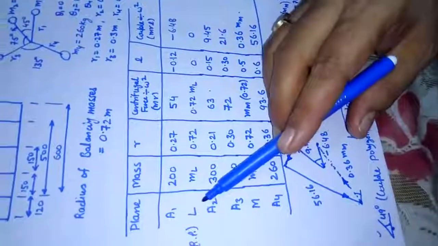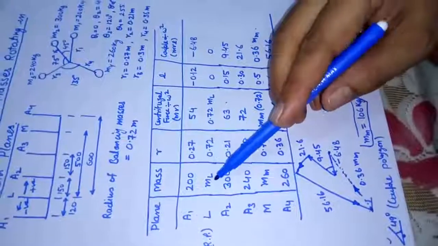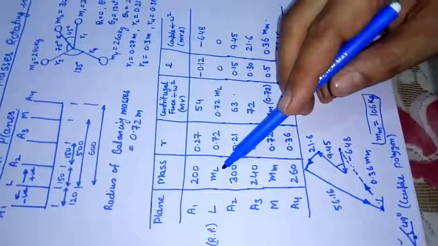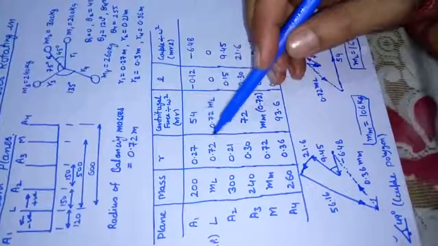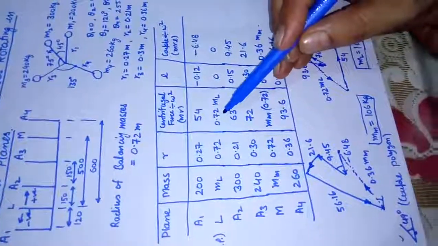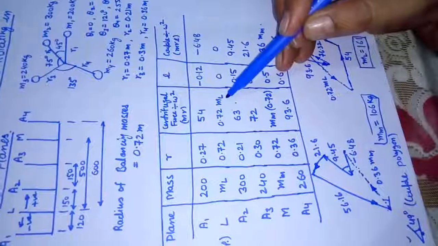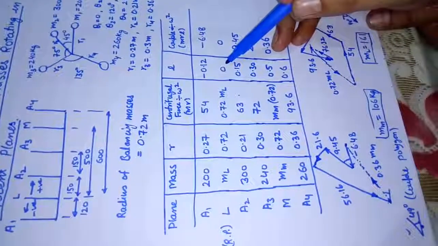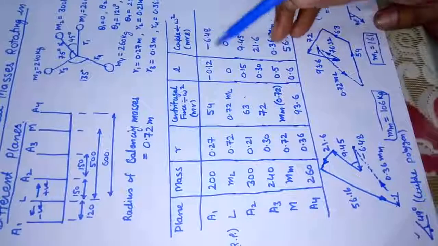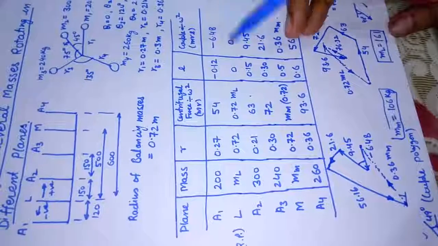Similarly, for plane L, where balance is to be implemented, the balancing mass is ml, which is unknown. The radial distance is 0.72, already given in the problem, so the force becomes 0.72 ml, and because the distance of plane L from plane L is 0, the couple becomes 0.